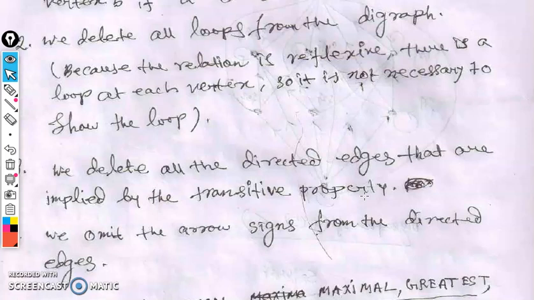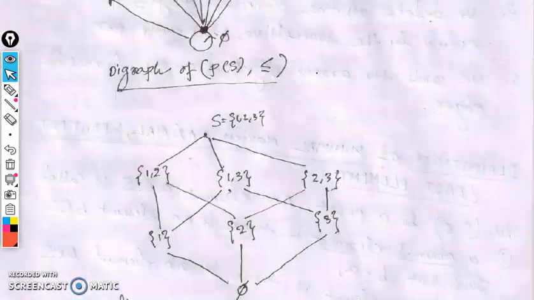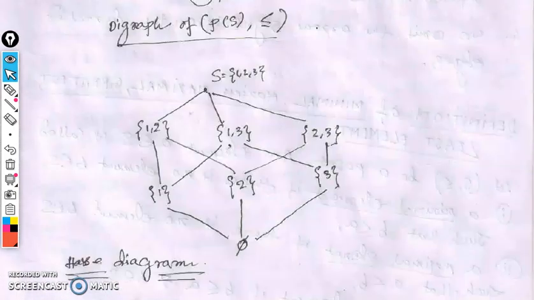But when you draw the Hasse diagram, we do not represent the transitive property, because it is already satisfied. For that reason, we just draw the Hasse diagram. This should be the Hasse diagram of the given arrow diagram of the given poset.